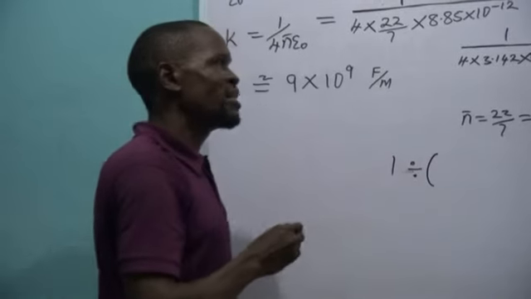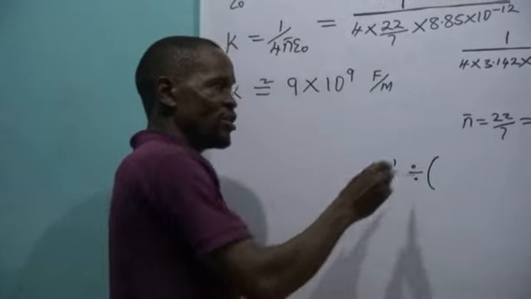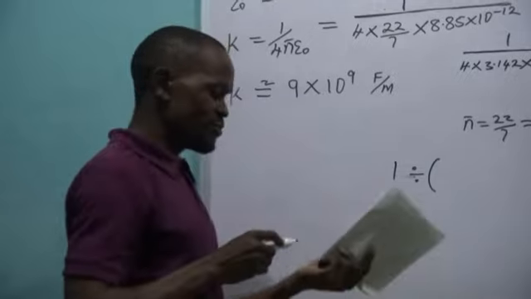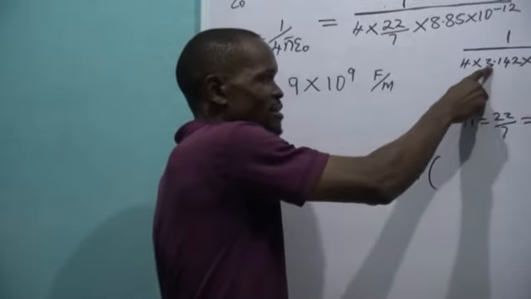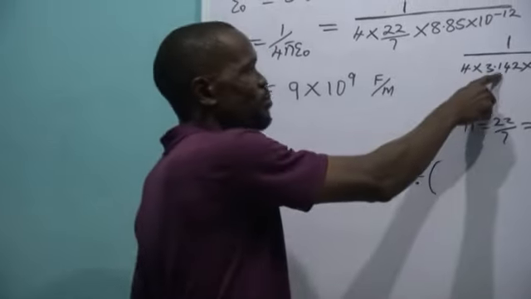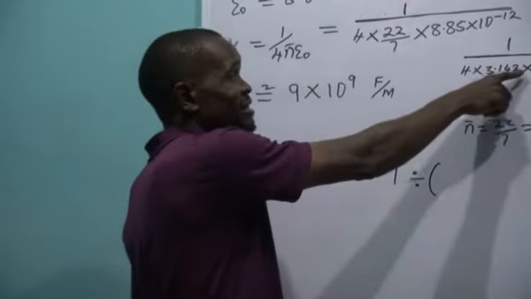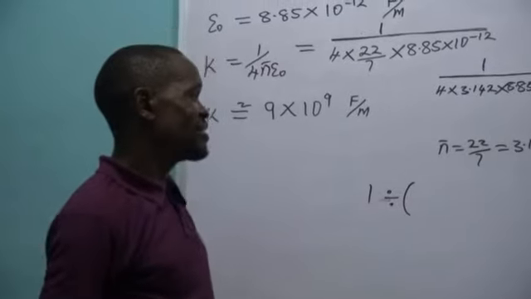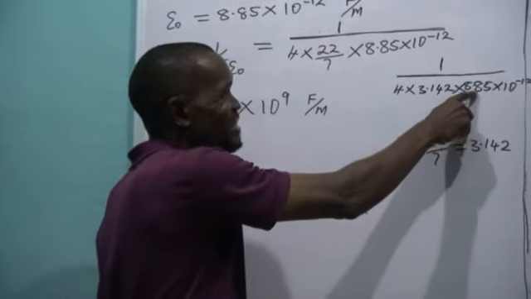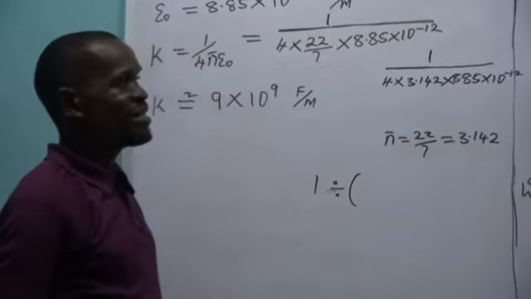Press open the bracket. Press 4. Press times. Press 3.142. Press times again. Press 8.85.